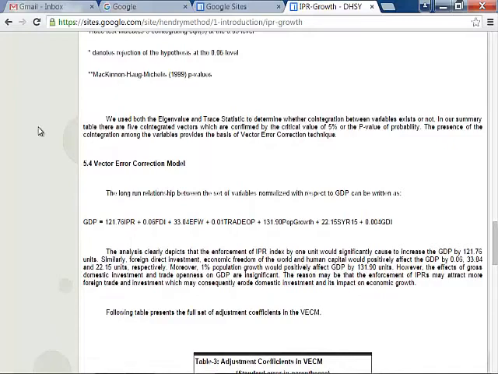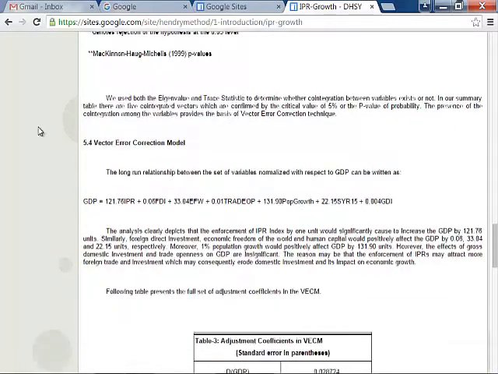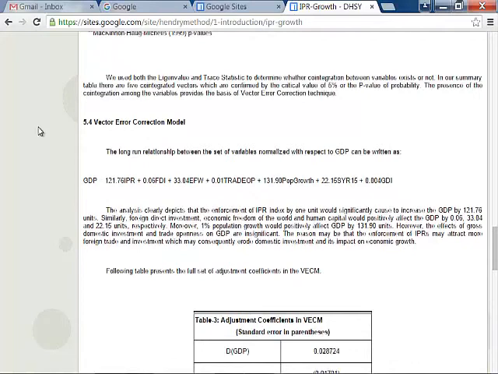Then he says the analysis clearly shows that the enforcement of IPR by 1 unit would significantly cause to increase GDP by 121 units. The coefficient is 121. So it means that in Pakistan we should start enforcing intellectual property rights.